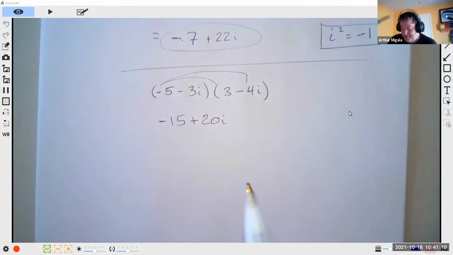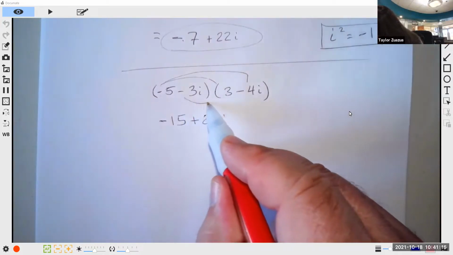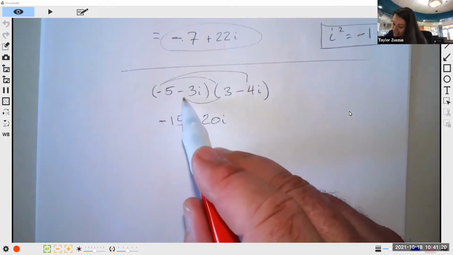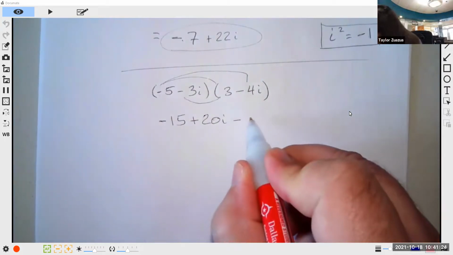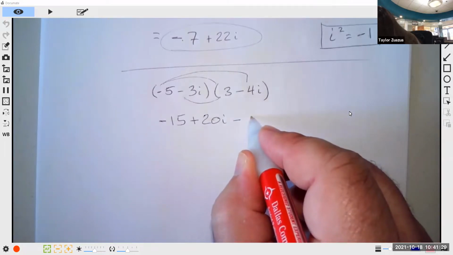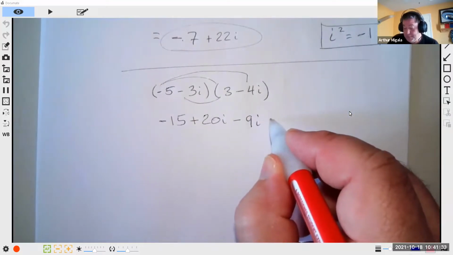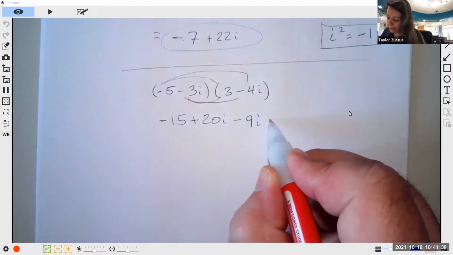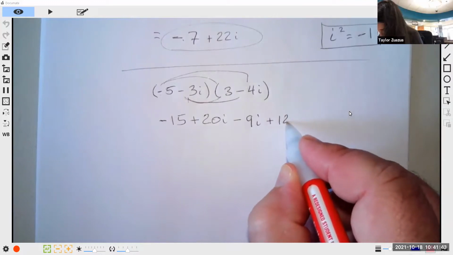The next one is a negative and a positive, which is a negative, so it's minus 9i. And the next one is a negative and a negative, which is a positive, positive 12i squared.